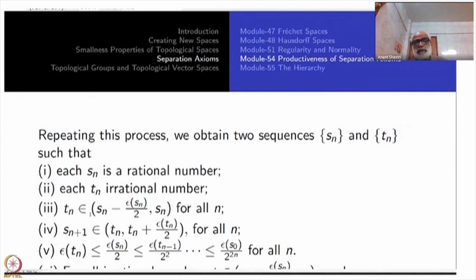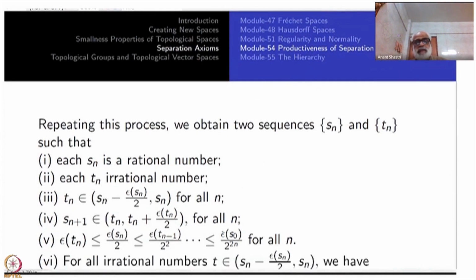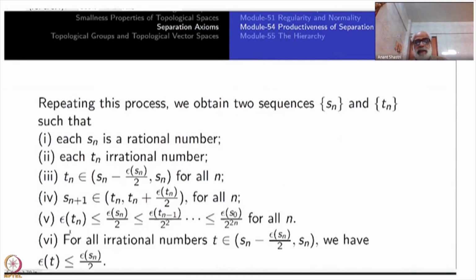So this minus is on the left side, this is on the plus side, for all n. And epsilon Tn will be less than or equal to epsilon Sn by 2, and that is less than or equal to epsilon Tn minus 1 by 2 square, and so on. Also epsilon S naught divided by 2 to the power 2n you get.